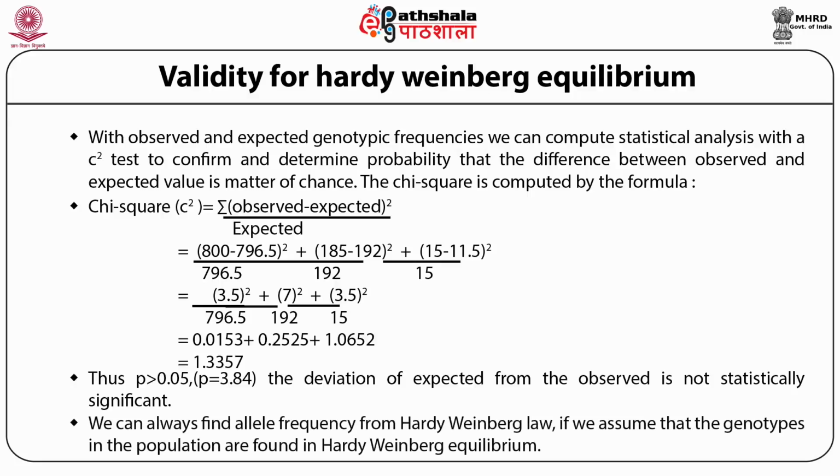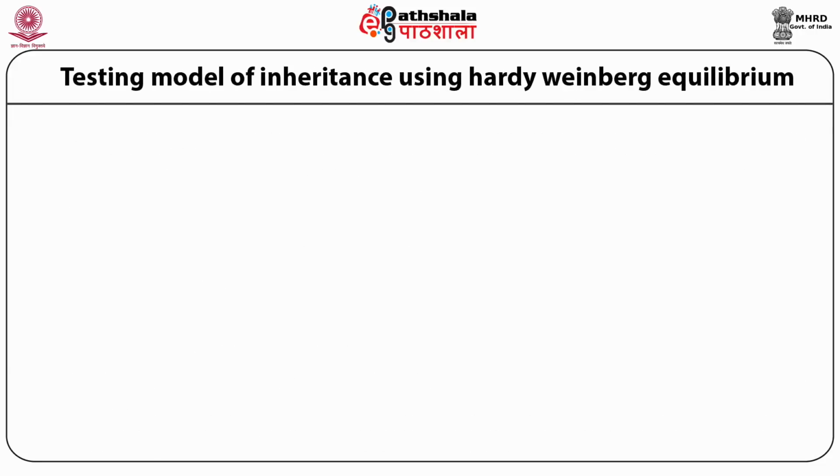We can always find the allele frequency from the Hardy-Weinberg law if we assume that the genotypes in the population are in Hardy-Weinberg equilibrium. This is how we test whether the population is in Hardy-Weinberg equilibrium or not. The table given in the next slide will show how allele frequencies can be calculated for two different hypotheses.